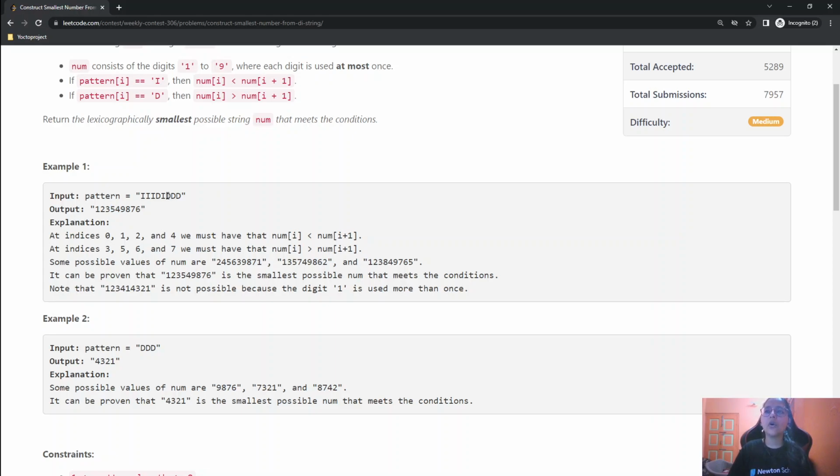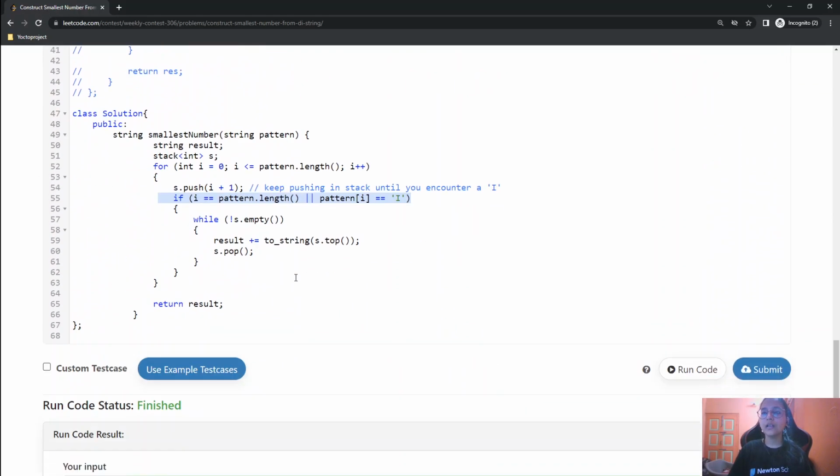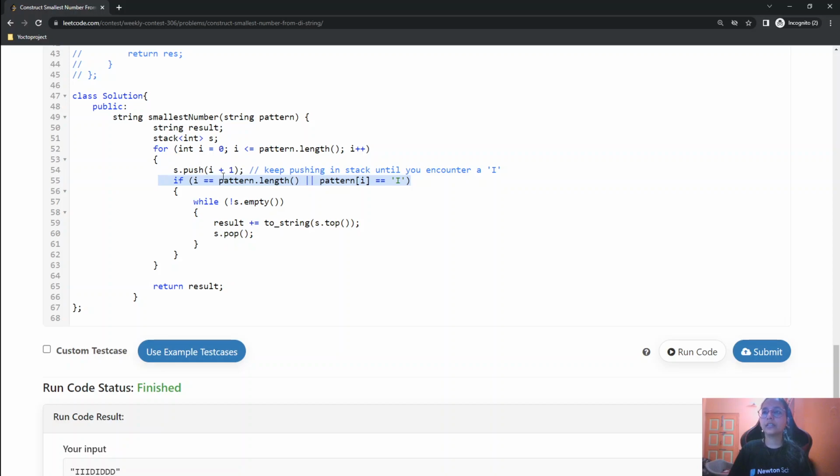And now all D's are there. So for handling this case, when at the end there is no I, I've written this condition that if i equals pattern.length, then in this criteria whatever was earlier stored in the stack will be directly pushed into the result, and that is what we are doing here.